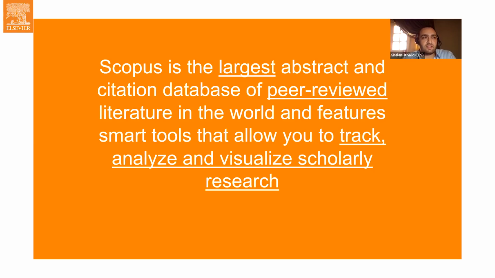Scopus collects the abstracts and information about the research published from more than 5,000 publishers. So this is expanding beyond the Elsevier content provided on ScienceDirect to getting insights and information on what's going on in the entire research scene, globally speaking.